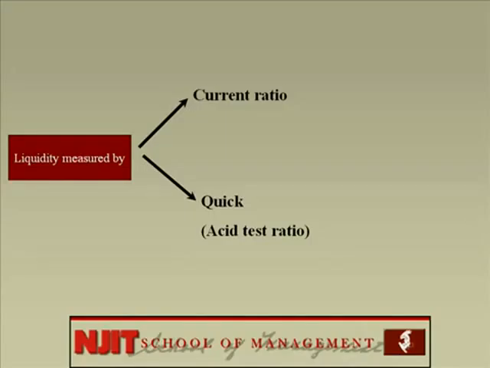The current ratio is measured as current assets divided by current liabilities. Generally, the higher the ratio, the more liquid the company. This is a ratio that loan officers are very interested in.